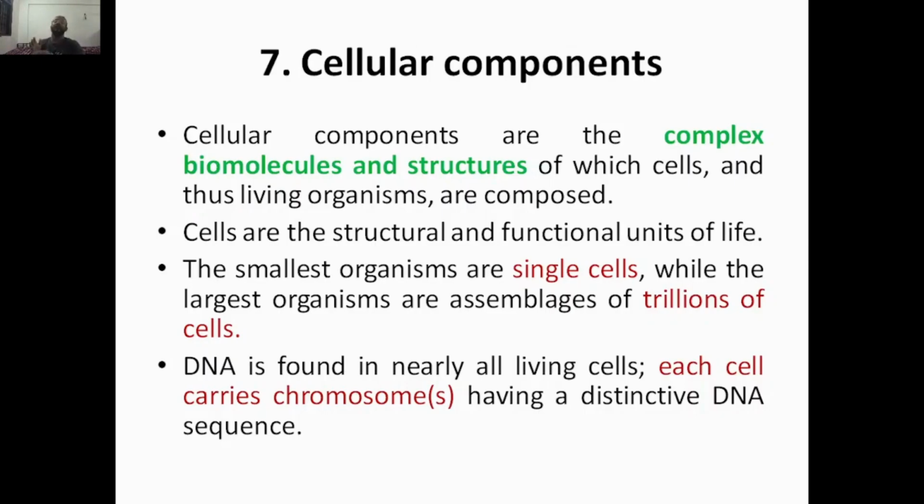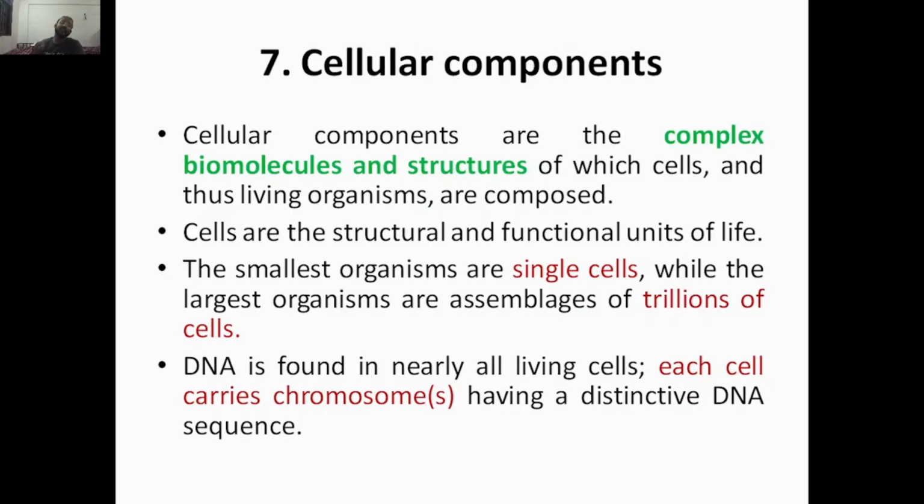Whatever helps the cells get their structural features or characteristics plays an important role, and whatever molecules help cells do their function also play a very important role. These are called functional units. That's why they are the major cell components. So cells are structural and functional units of life.